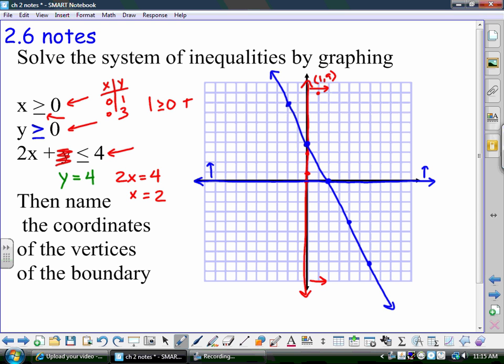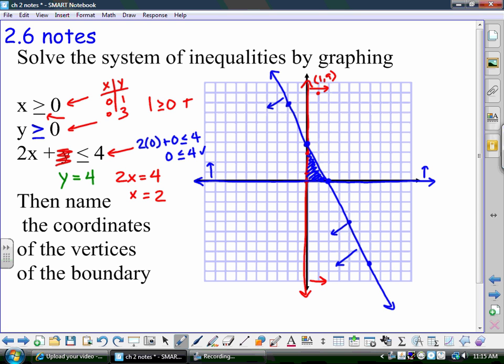And then we need to decide which way to shade. So I'm going to plug in the point (0, 0) because (0, 0) is not on that blue line. If I put 0 in for x and 0 in for y, I get something that is true. So I want to shade towards (0, 0). The shading for those 3 lines overlap to make a small triangle.